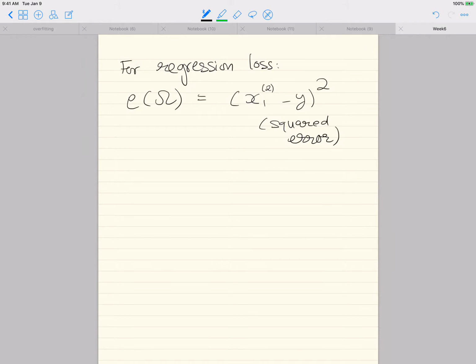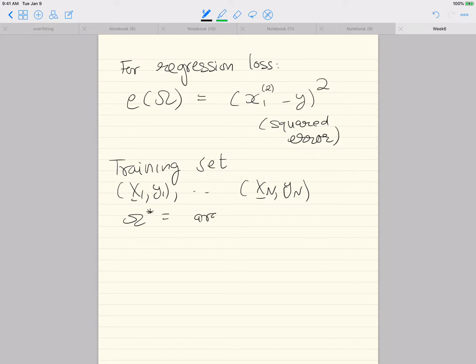Okay, so let's say we want to train this algorithm, right? We have a training set, X1, Y1 up to xn, yn. And then we want to select omega to minimize, or at least approximately minimize, this quantity.